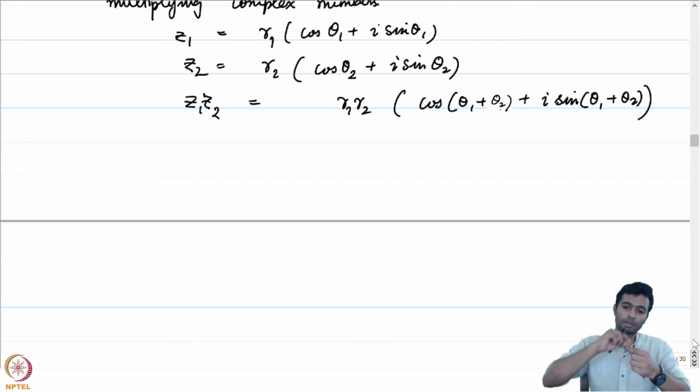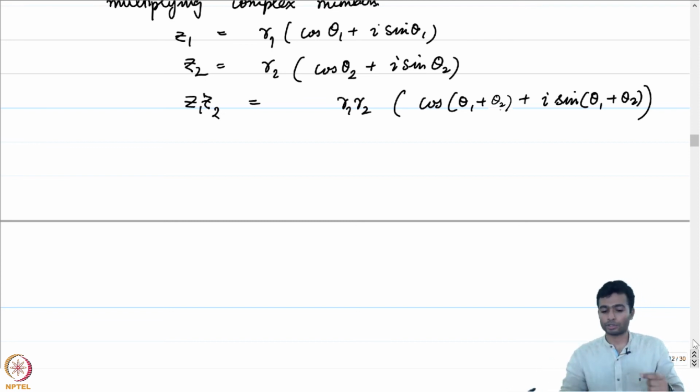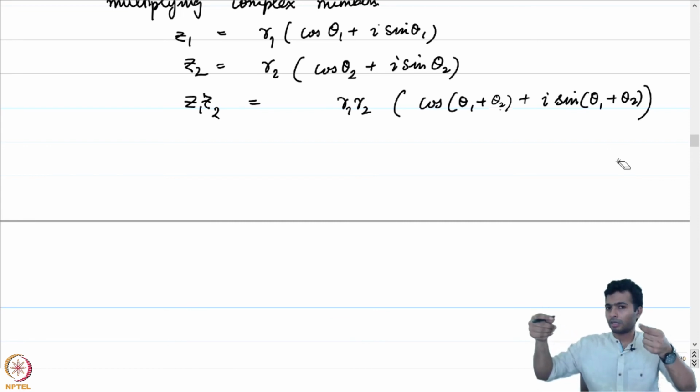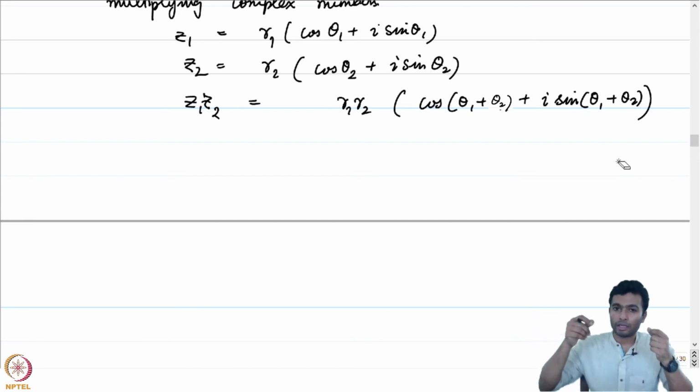If you look at a loop around the origin which goes in the counterclockwise direction, under a reflection it will go into a loop which goes in the clockwise direction. It reverses the orientation. So those are isometries which reverse the orientation. So multiplication by a complex number therefore manifests as a dilation and a rotation.